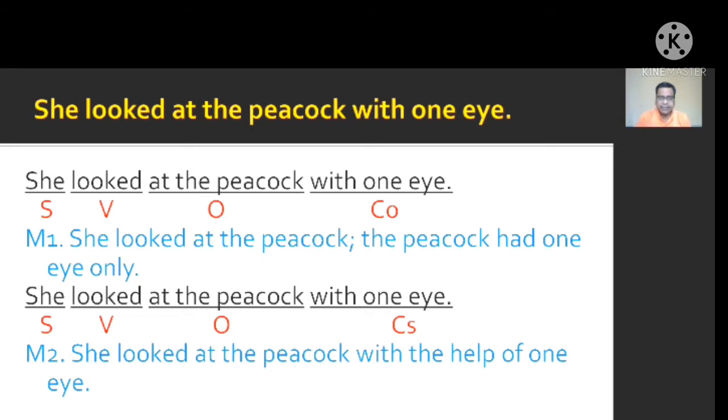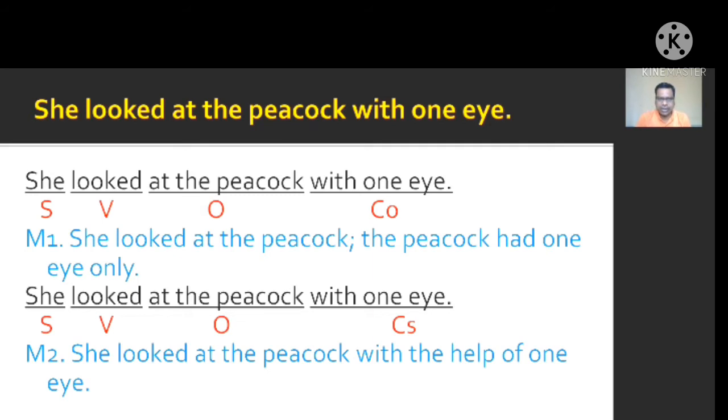The meaning will be, she looked at the peacock. The peacock had one eye only. Because you have made the fourth element the complement to object. And that's why the peacock is having only one eye. So this can be the possible meaning. Look at the second structure.